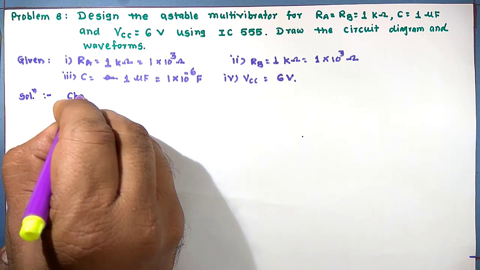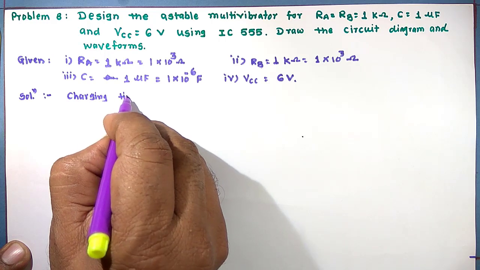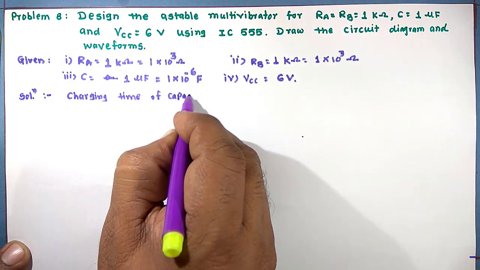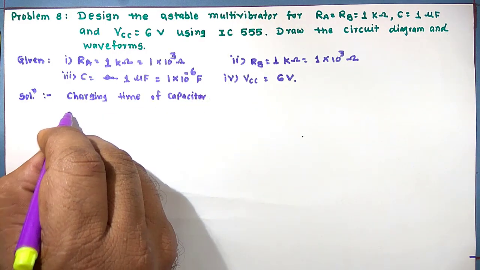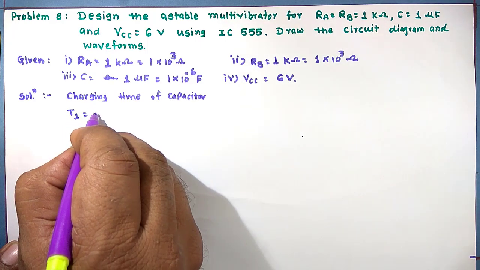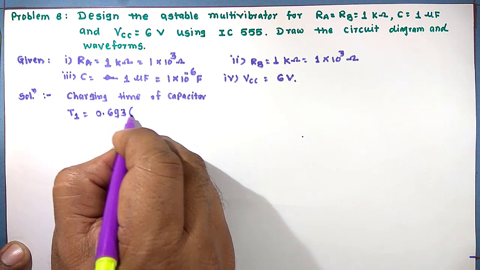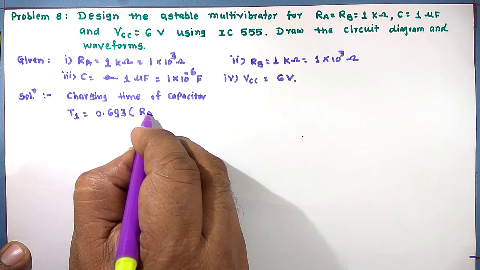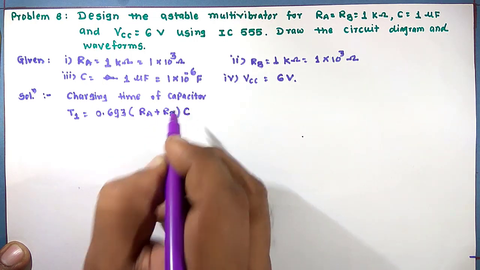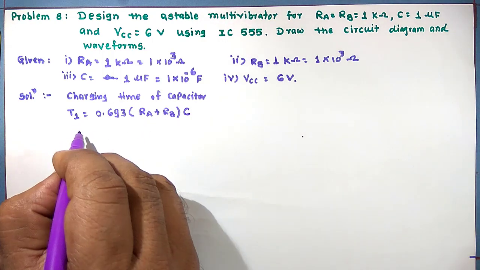Charging time of a capacitor is given by T1, or T high, is equal to 0.693 into (RA plus RB) into C, because capacitor charges through both the resistors RA and RB.